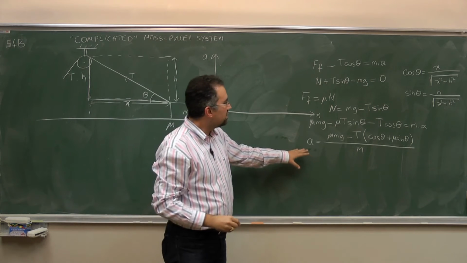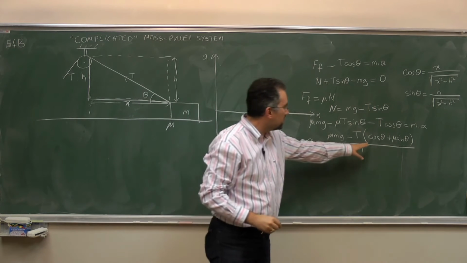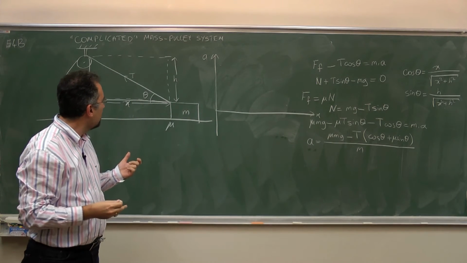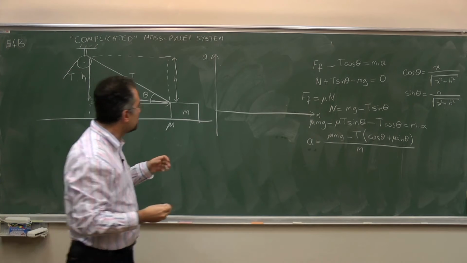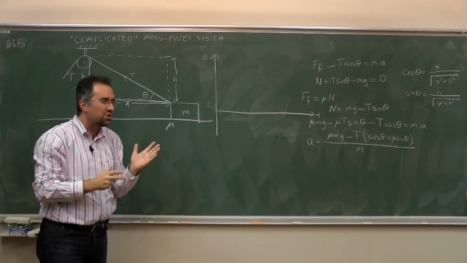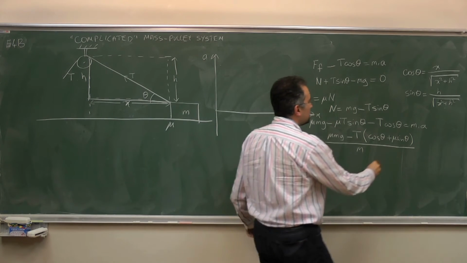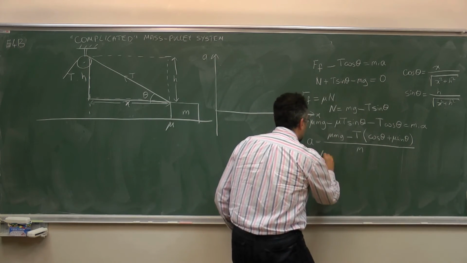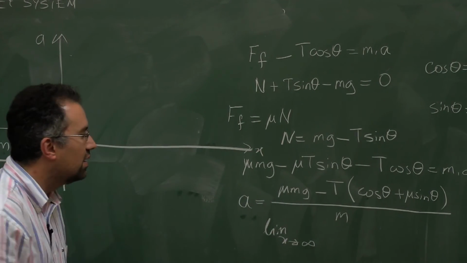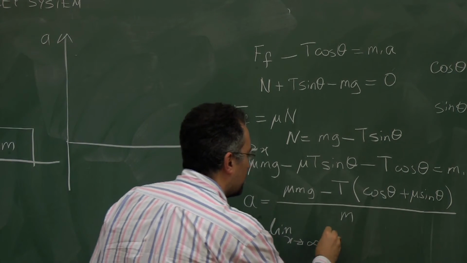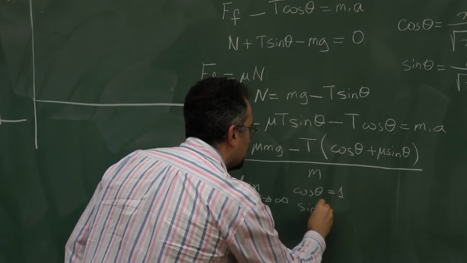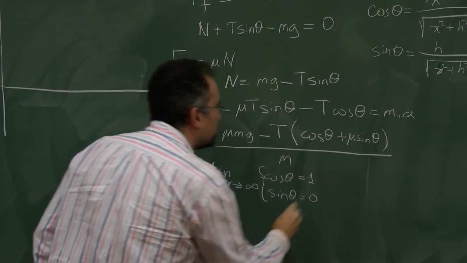Now, at the very right, what is cosine theta and what's sine theta? Cosine theta is going to be essentially 1, because if you move to the right, the angle is going to get narrower and narrower. It's going to approach 0. So in the limit, as x goes to infinity, cosine theta is going to be 1, and sine theta is going to be 0.